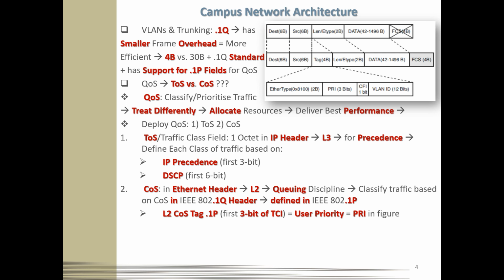Second category: CoS, or class of service. This is a field in the Ethernet header. So TOS was in the IP header, CoS is in the Ethernet header.